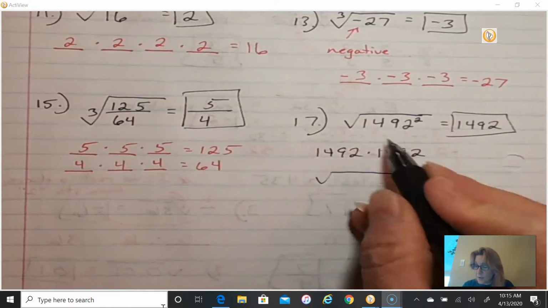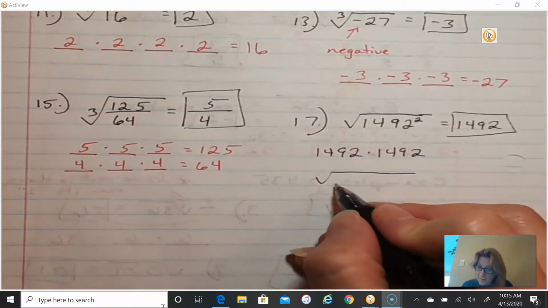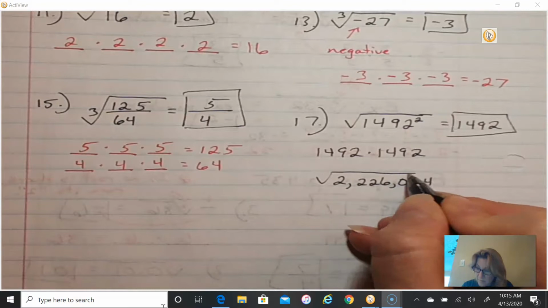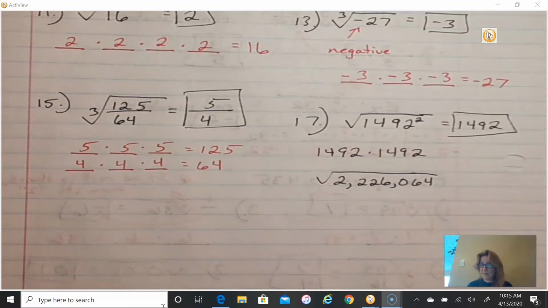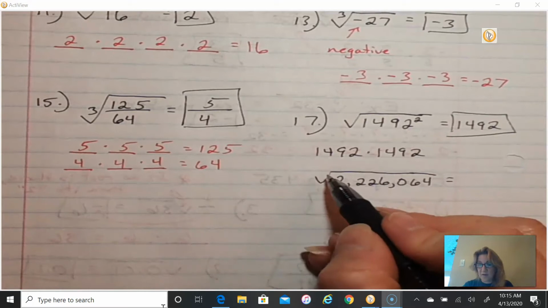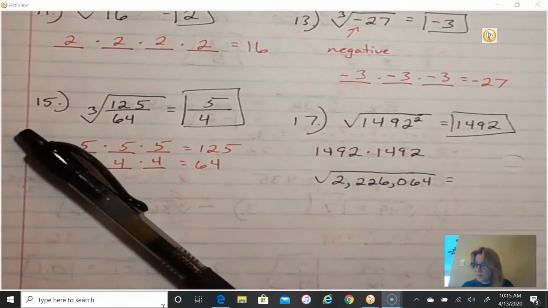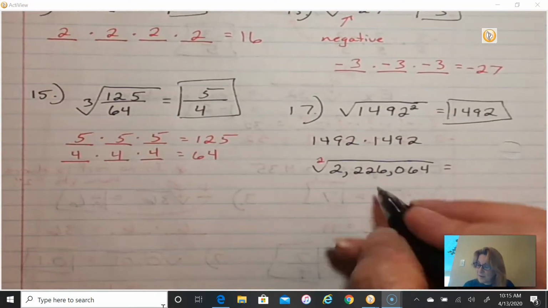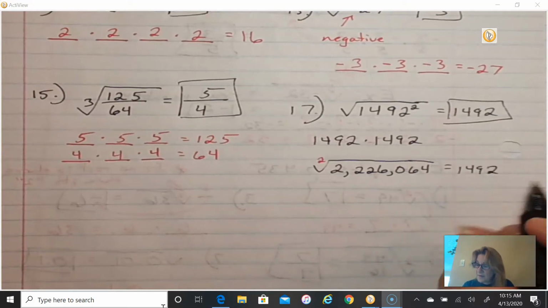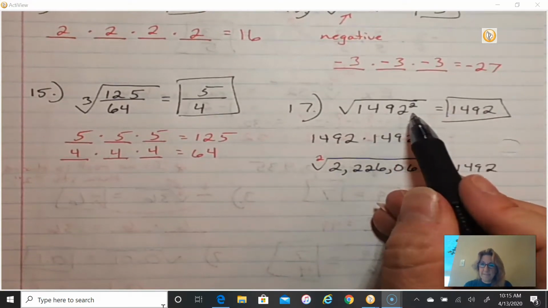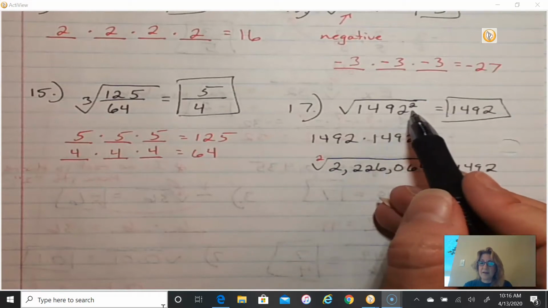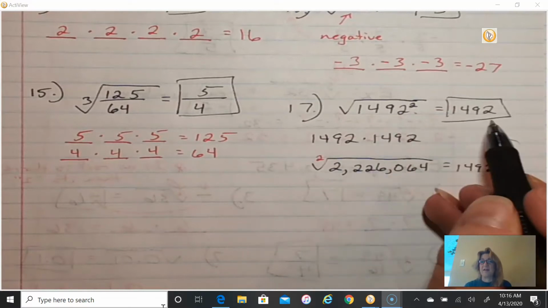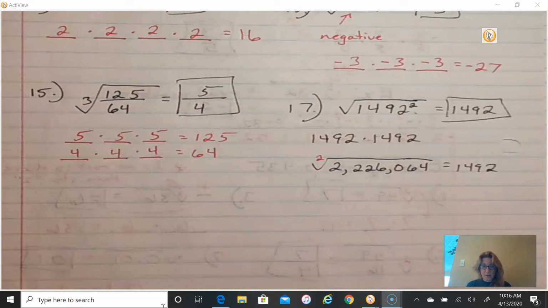If you were to get your calculator and square that, see, I've already worked it out. This is what the number should have been. And they want to know, remember, squared, there's nothing there, so we are going to pretend it's a 2. So what number times itself gives you this number? 1492. So anytime you have a square like that, it's itself. Okay? If you ever have a square like that, it's itself.